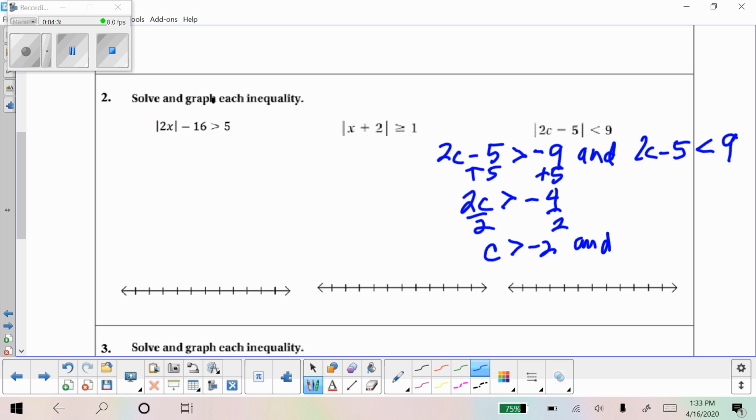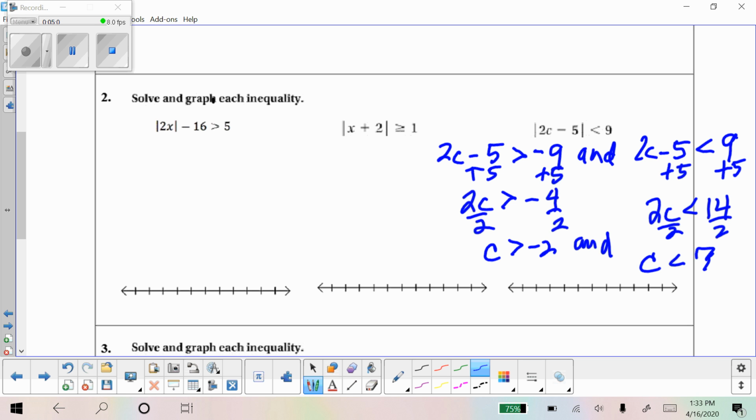And the other solution, we're going to do the exact same thing, adding 5. This gives us a little different result. 2c is less than 14. Divide by 2. C is less than 7. So we go from c is greater than negative 2.